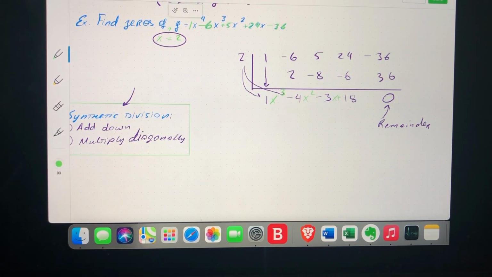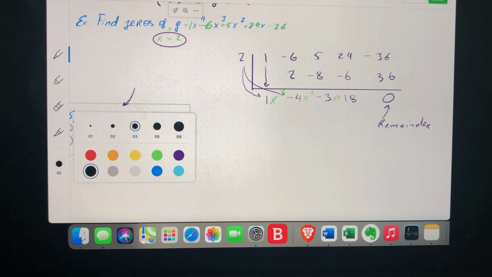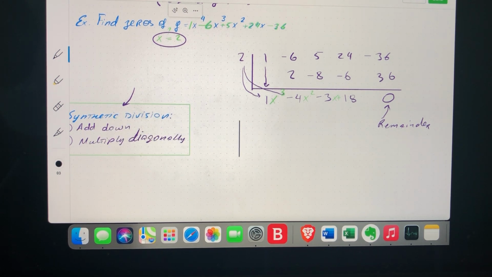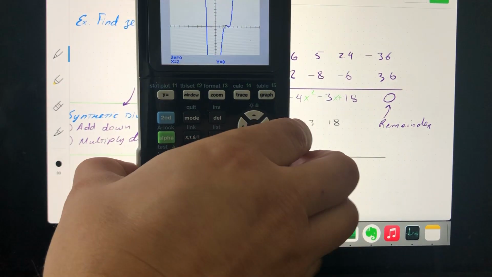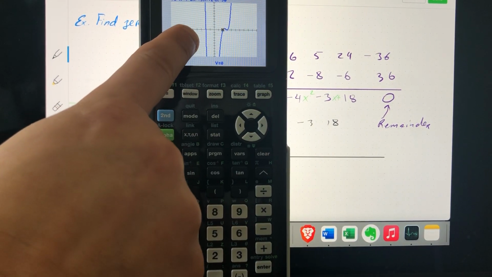We can do another synthetic division to see if we can find another solution with 0 remainder. So we copy the same coefficients, 1, -4, -3, 18. Now, what is another good solution? On the other side, it looked like perhaps -2 might work.